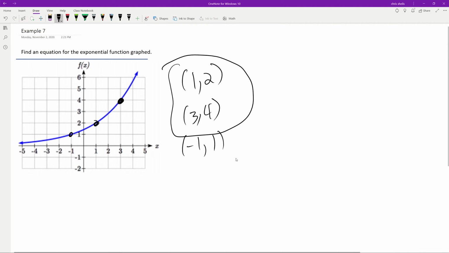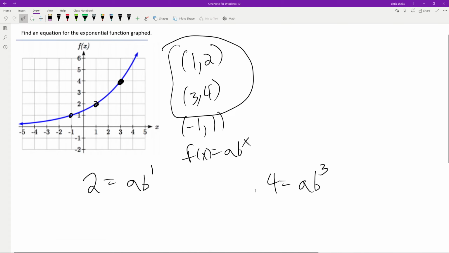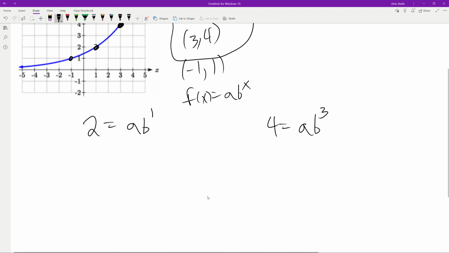If I substitute in the point (1, 2), I get that 2 is equal to a times b to the first. If I substitute in the point (3, 4), I get that 4 is equal to a times b cubed. Again, this comes from our generic f of x equals a times b to the x. This lets me easily solve for one of these variables. In the first equation, b to the first is just b.